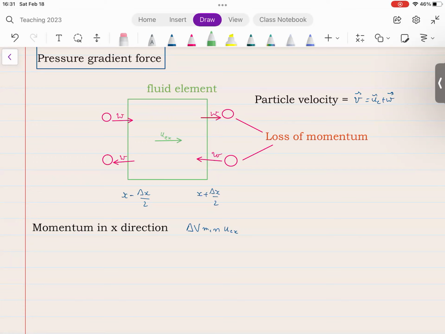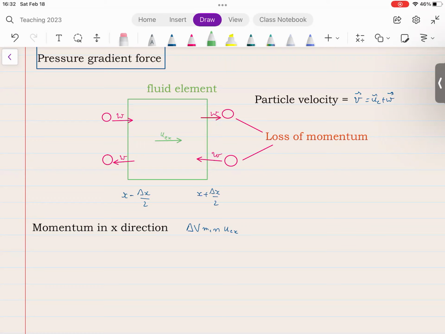On the other hand, the particle at the bottom is entering the fluid element, but it's moving in the wrong direction. It's moving, well, there's nothing wrong with it, but it's moving with the direction that's opposite with respect to the direction of the fluid element. And therefore, that particle is also going to make the average momentum of my fluid element decrease because I'm adding a particle that's moving slower than the average of my particles.